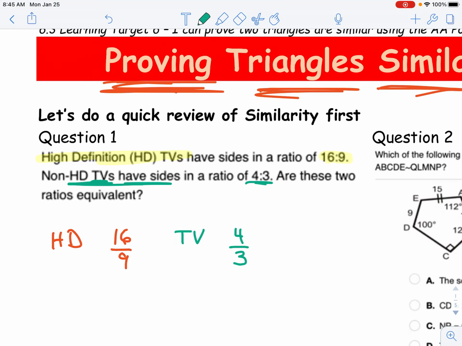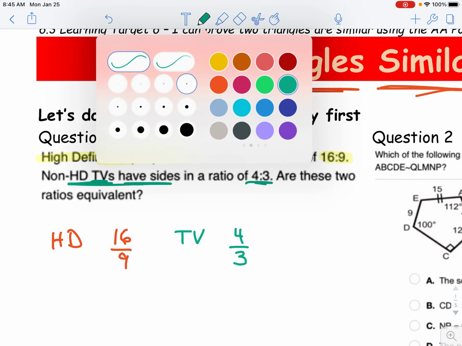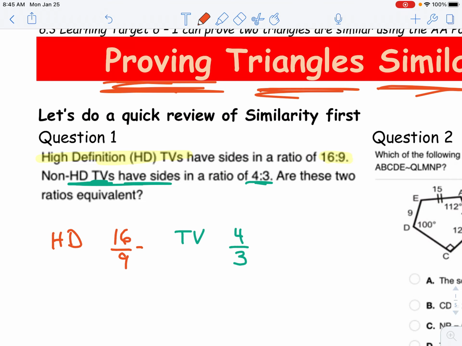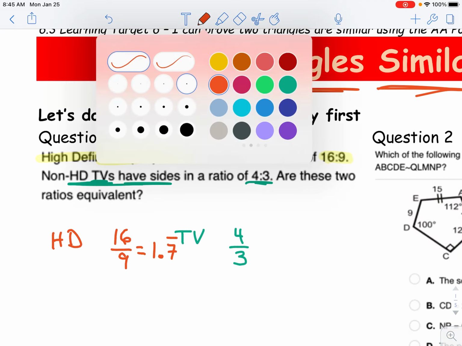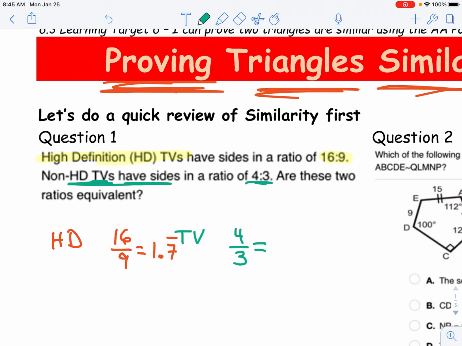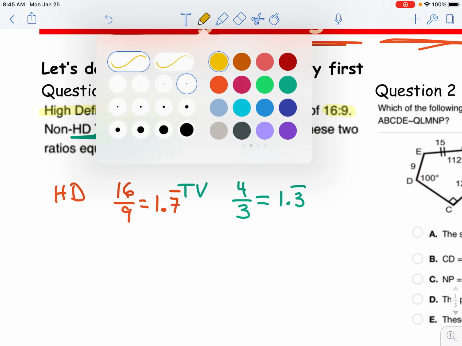There's a couple ways to do it. We can use a trusty calculator. I'm asking my calculator what is 16 divided by 9, and it told me about 1.8. Actually, it's 1.7 repeating. I'll write it like that. And then what's 4 divided by 3? And it's 1.3. So by just plugging it into a calculator, we can easily say no.